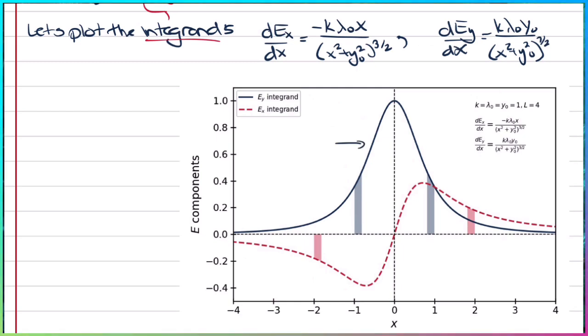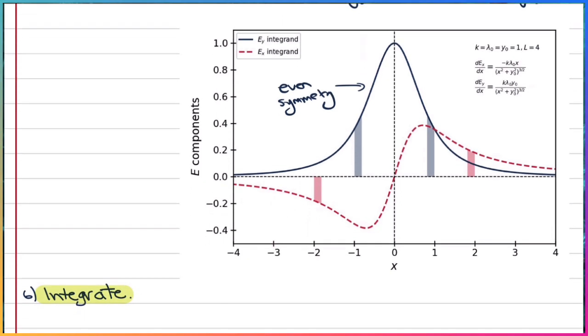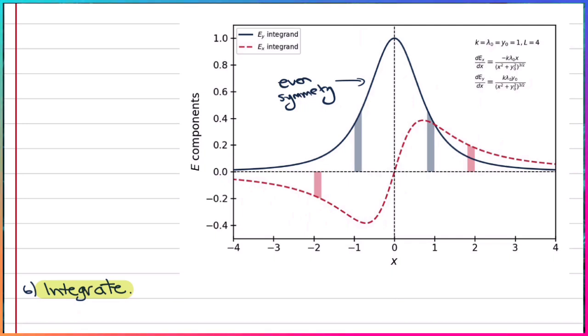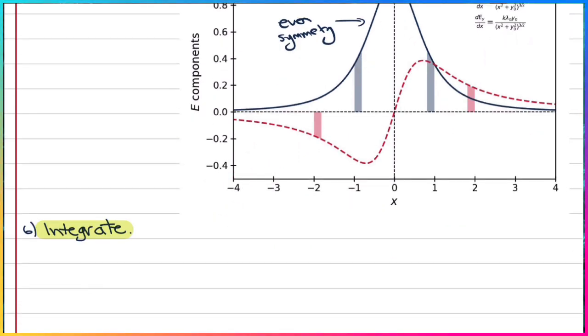Particularly, this one has even symmetry, and that just means I can mirror it across the x equals 0 axis, and it looks the same. And then this one, context clues might suggest, has odd symmetry.